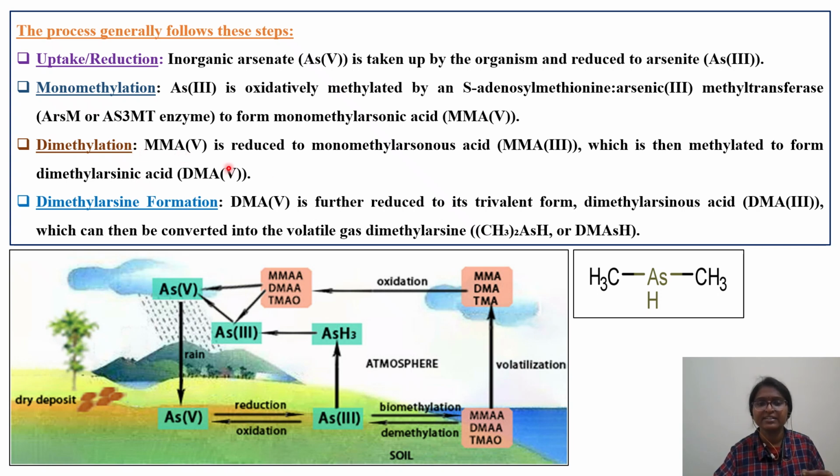Dimethylation: MMA5 is reduced to monomethyl arsenious acid, which is then methylated to form dimethyl arsinic acid, DMA5. Dimethyl arsine formation is further reduced to the trivalent form, dimethyl arsenious acid, DMA3, which can then be converted into the volatile gas dimethyl arsine.